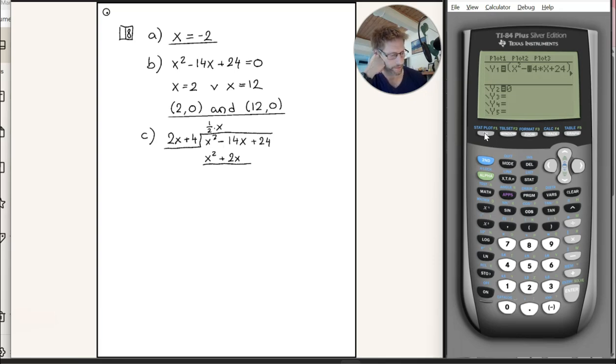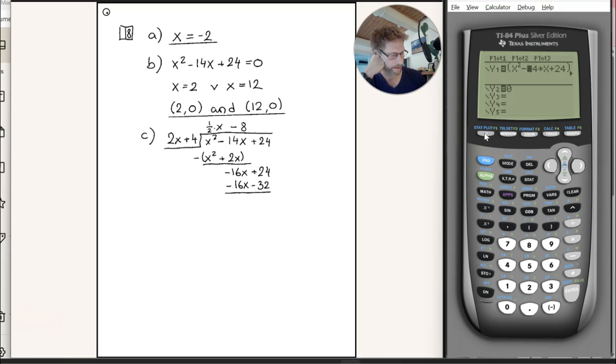So x squared goes away, and we have minus 16x, because we're sort of subtracting this. Plus 24. And now we ask what should this be multiplied with in order to get minus 16x, and the answer is minus 8. So minus 8 times 2x gives me minus 16x, minus 8 times 4 becomes minus 32.